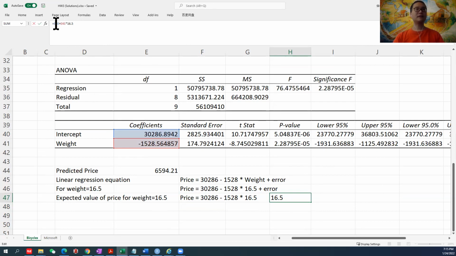Simply, I used E40, that's the intercept, plus, remember, we have to do plus, although the coefficient has a negative estimate, E41, which is the coefficient for weight, times the weight that we want to predict the price for.